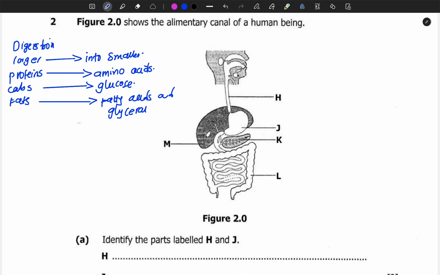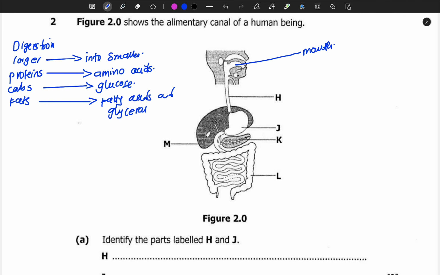Then you also need to remember that digestion is further divided into two types. We have mechanical digestion that involves chewing. So the mechanical happens in the mouth. This is a physical breaking down of food into smaller pieces with the help of teeth.